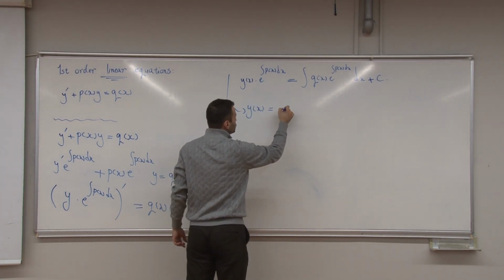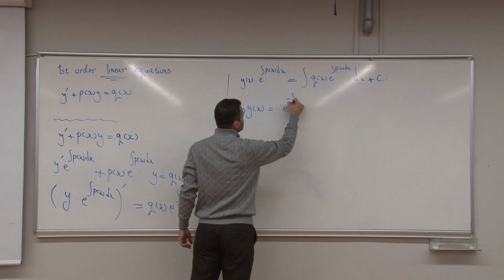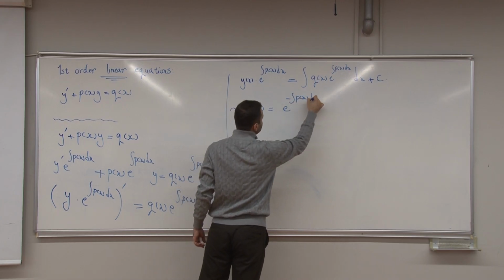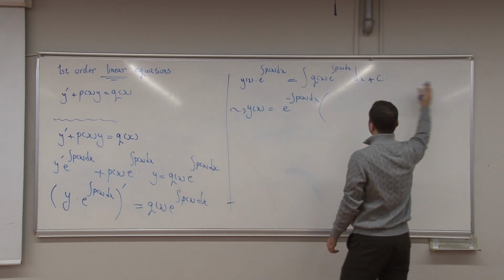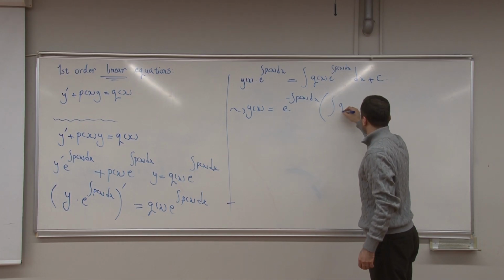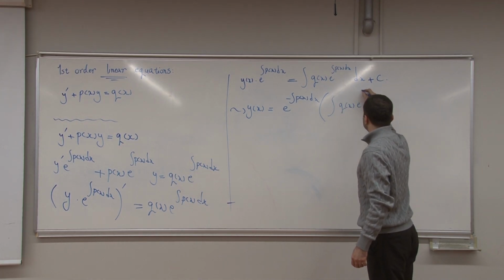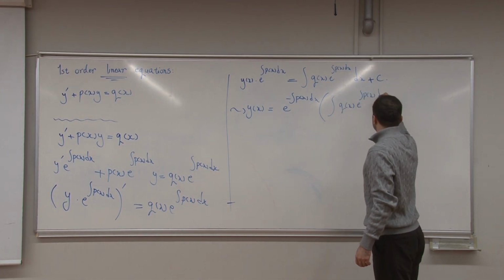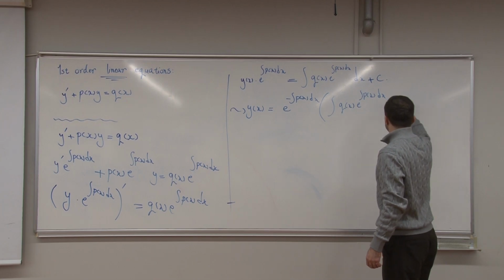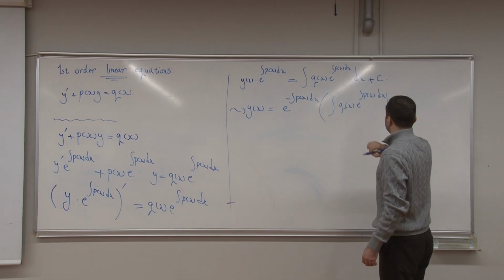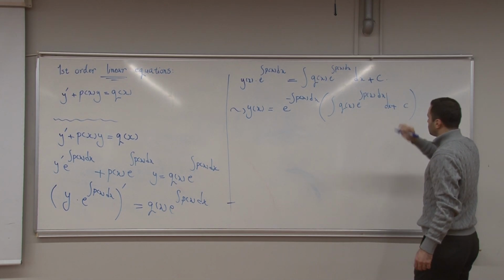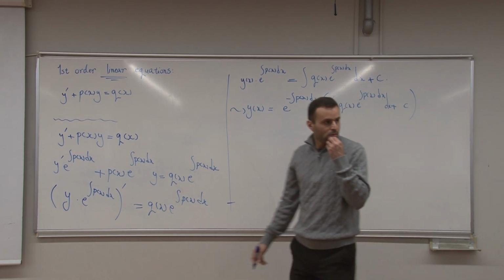From here, what is my y of x? It is going to be equal to e to the power of the integral of minus px dx multiplied by this whole thing: the integral of q of x e to the power of the integral of px dx, dx, plus c. I also have a dx here. Good?